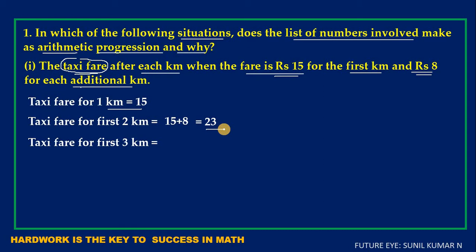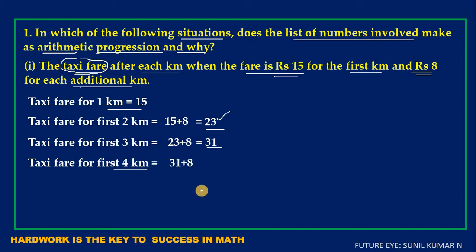Next, taxi fare for the first 3 kilometers. To find the fare for 3 kilometers, this 23 we have to add 8. That gives 31. Next, taxi fare for the first 4 kilometers. 31 add 8, we get 39.